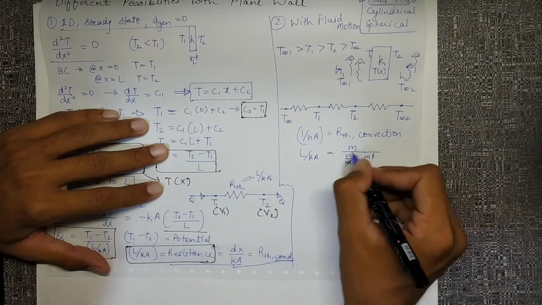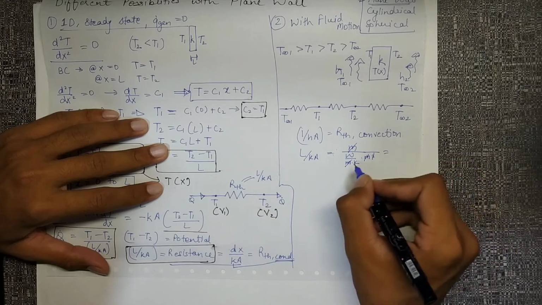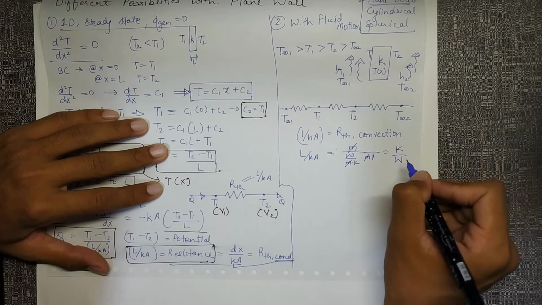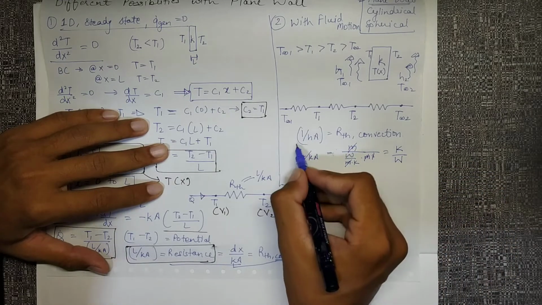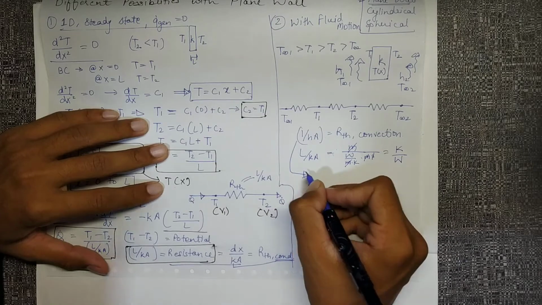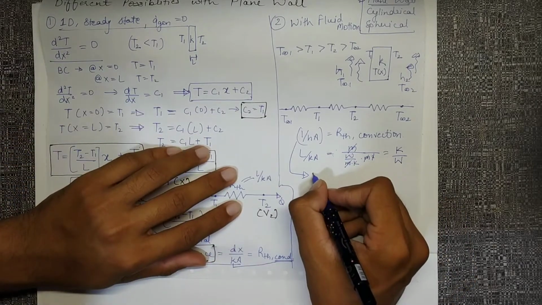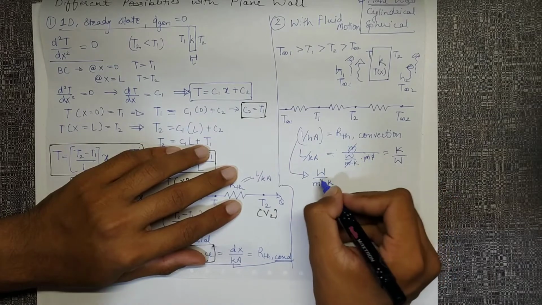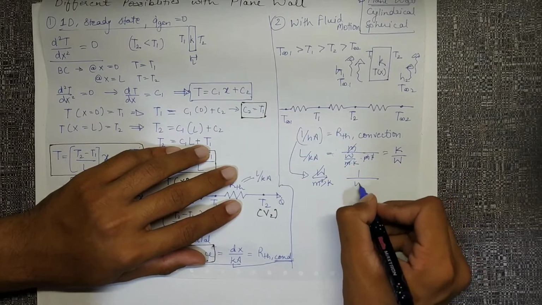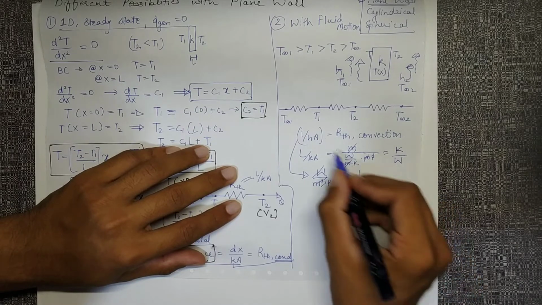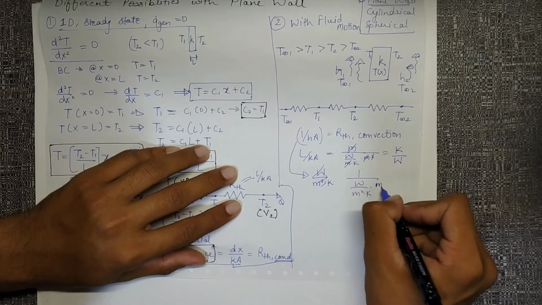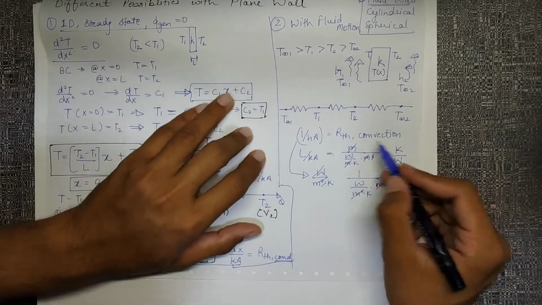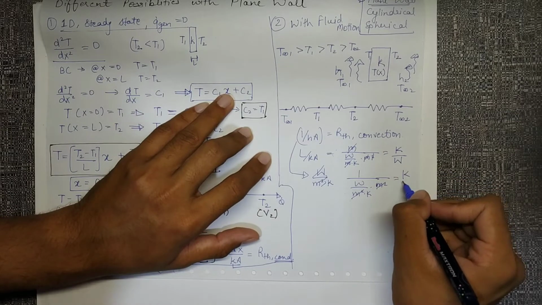Hence meter and meter cancel, and the unit of resistance becomes Kelvin per watt. Again for the convection resistance, H is the convectivity and has units of watts per meter square Kelvin, so my units become 1 upon watts per meter square Kelvin times meter square of area. The meter square cancels, hence the unit of thermal resistance for convection is Kelvin per watt.